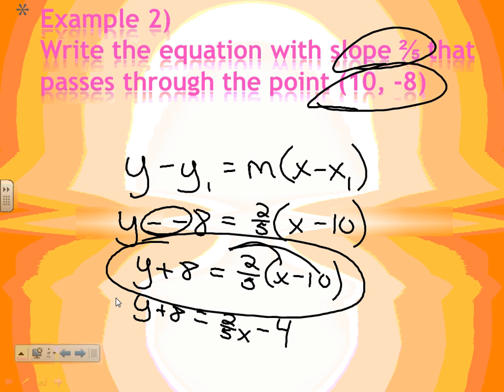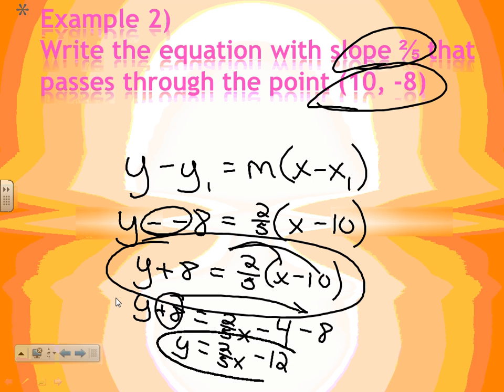Okay, so now we're going to go to y equals. So, Levi, what should I do to go to y equals? Move the 8 over. Very good. And it becomes negative. So y equals 2/5 x minus, what do you do with negative 4 and negative 8?